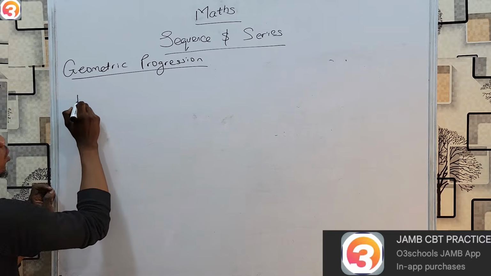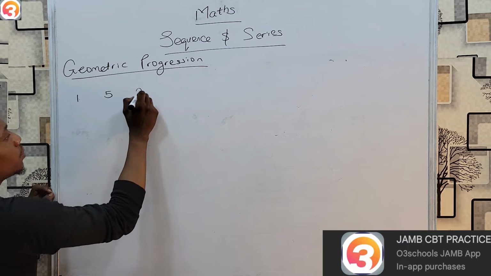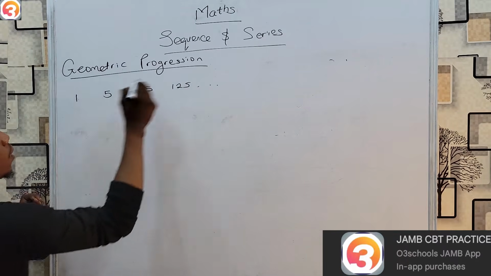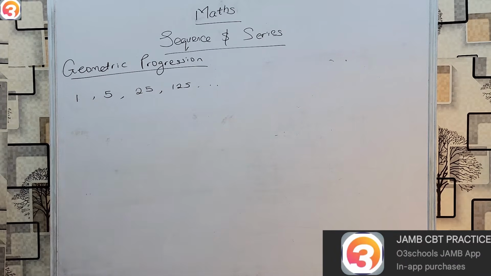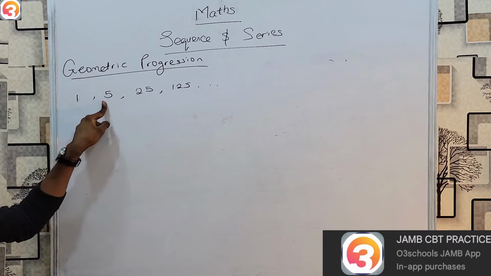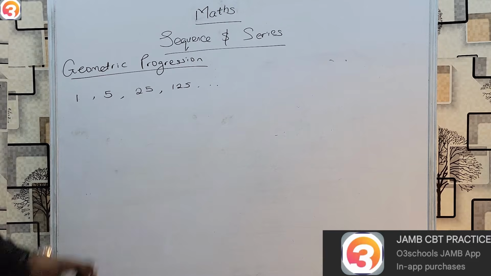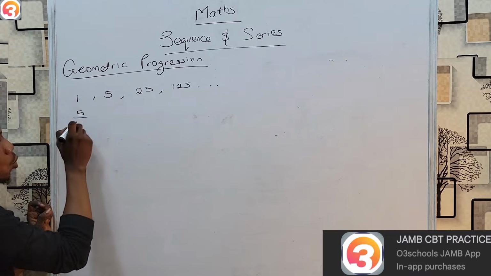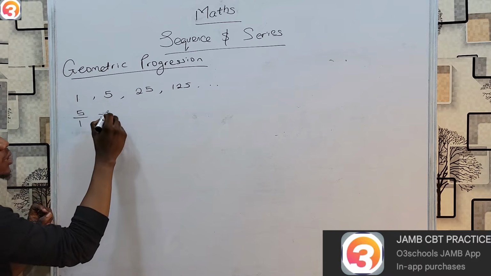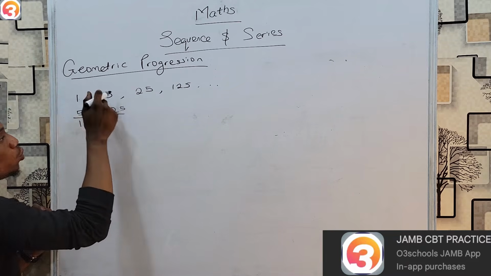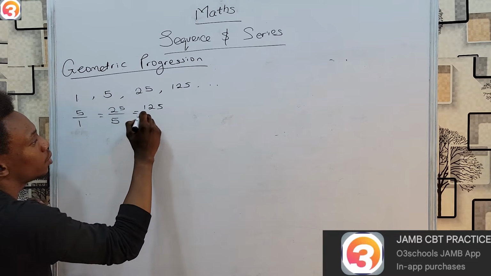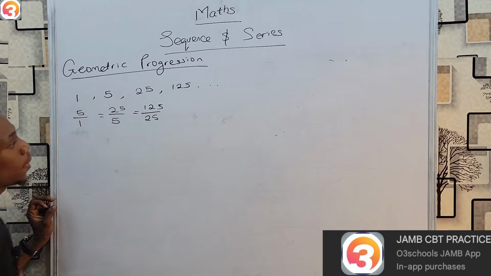So, for example, 1, 5, 25, 125. If you take a look at this sequence, you realize nothing has actually been added. Here 4 has been added, here 20. That's not the same. But if we divide 5 over 1, it gives the same answer as 25 over the number behind it, which is 5, and also 125 over 25.